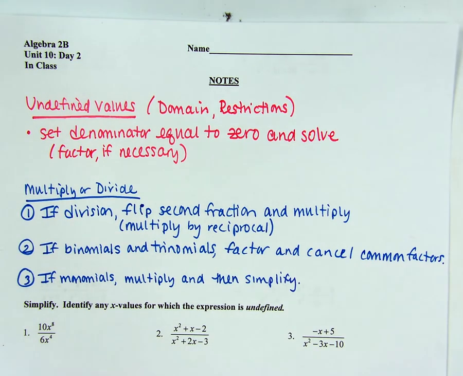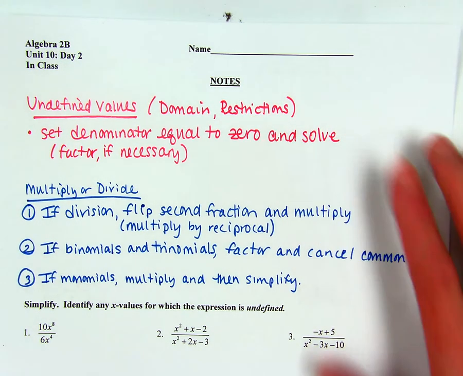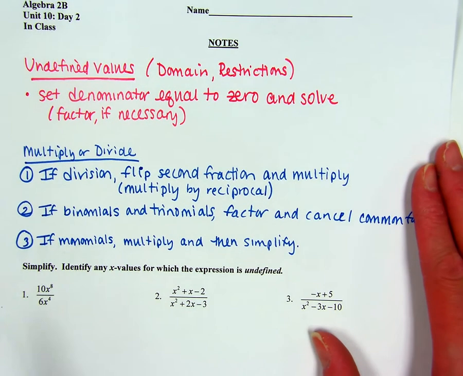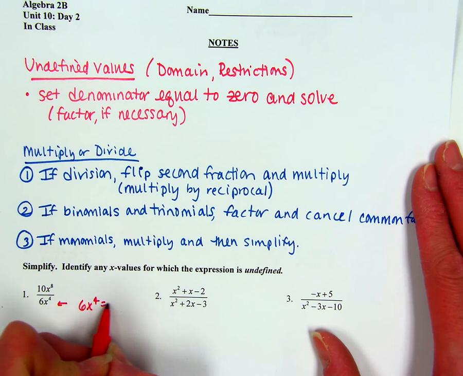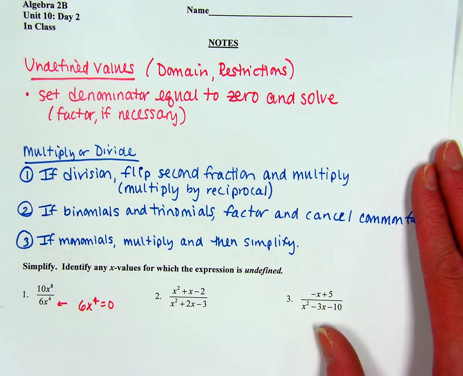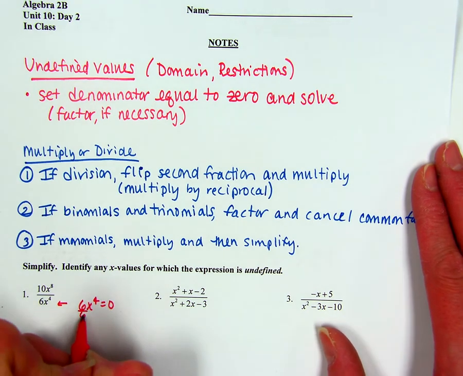All right, number 1, so this is just asking you to simplify and then identify any x values for which the expression is undefined. So we're going to first look at our undefined part. We're looking at our denominator. So we're saying 6x to the 4th. We're going to set it equal to 0, and then we're going to solve. So if I divide by 6, I get x to the 4th equals 0.